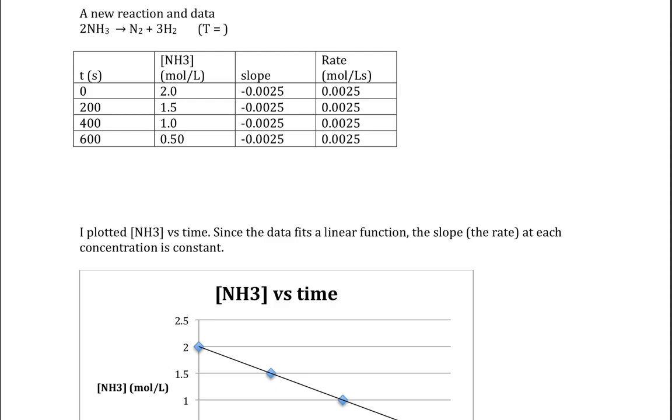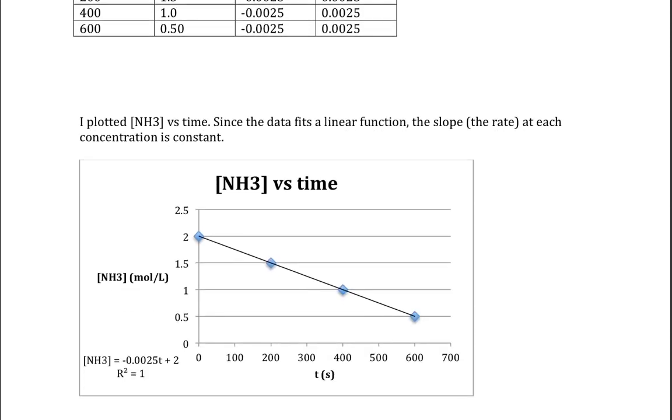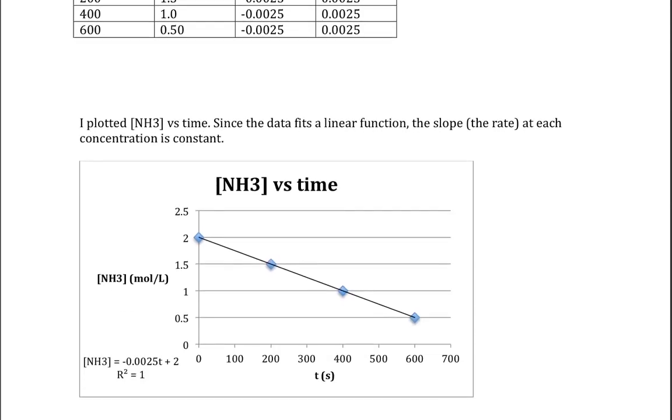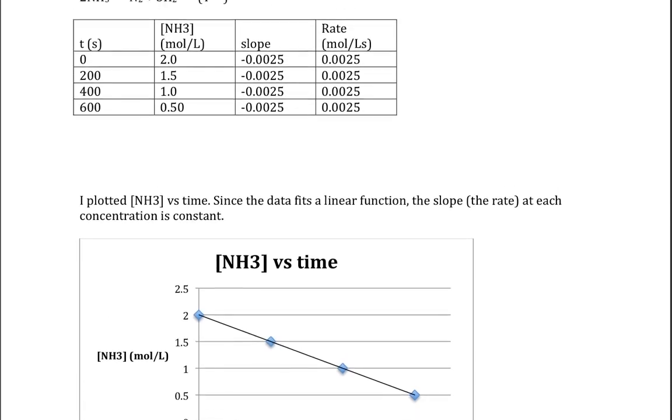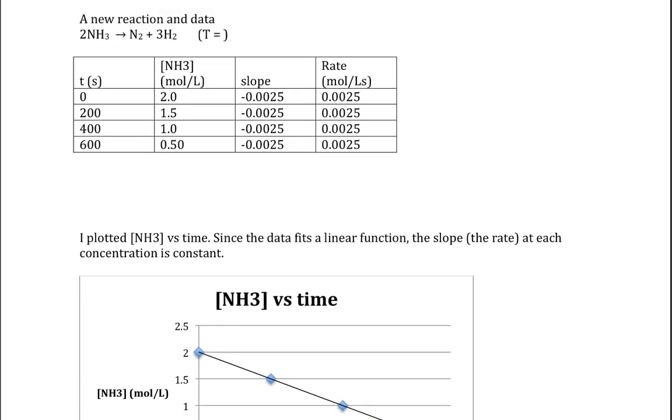So I made the graph. I determined the slope at different times, and the slope came out to always be negative 0.0025. That is to say, the rate for the NH3 in units of moles per liter second is 0.0025.